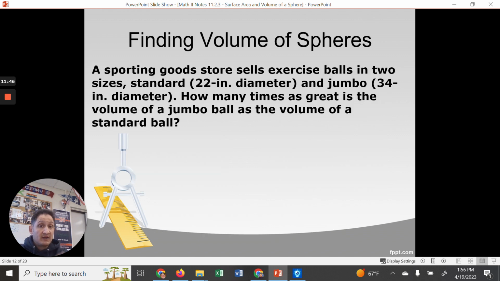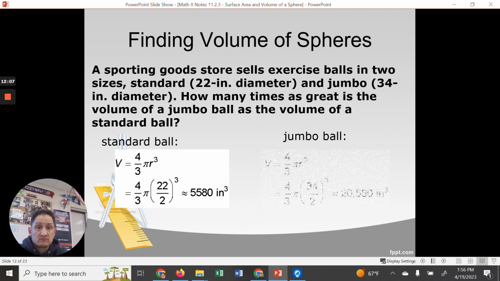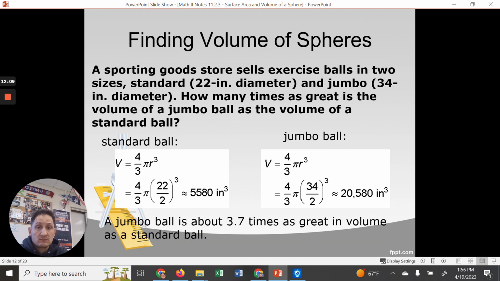So if I had balls of different diameters, remember the other way I could have you do these things is to find how much bigger one is than the other. So this is like developing the scale factor. The scale factor relates the 34 to the 22. But that's not how we would find the volumes. We would compare them. 34 to 22 is the scale factor.